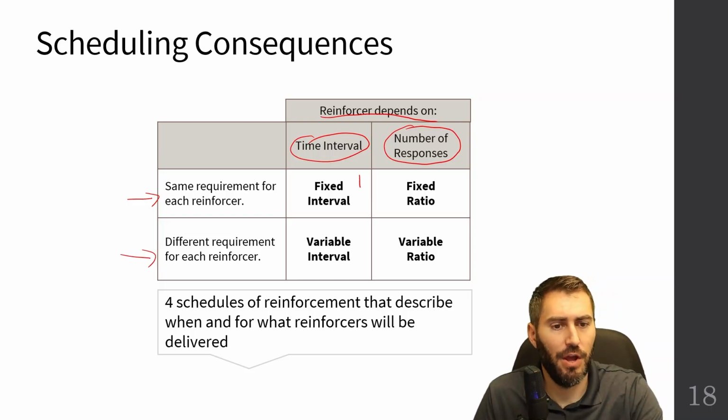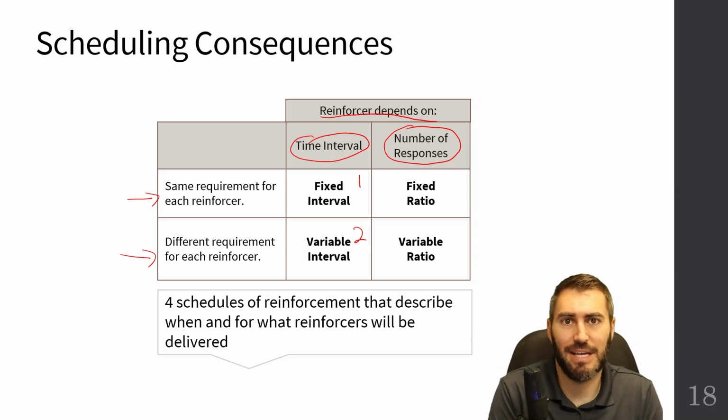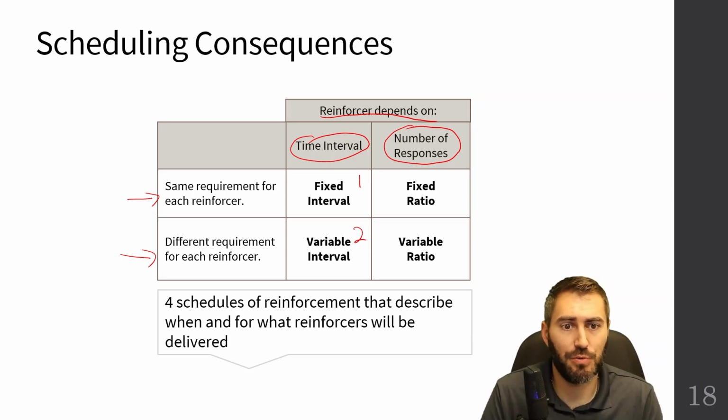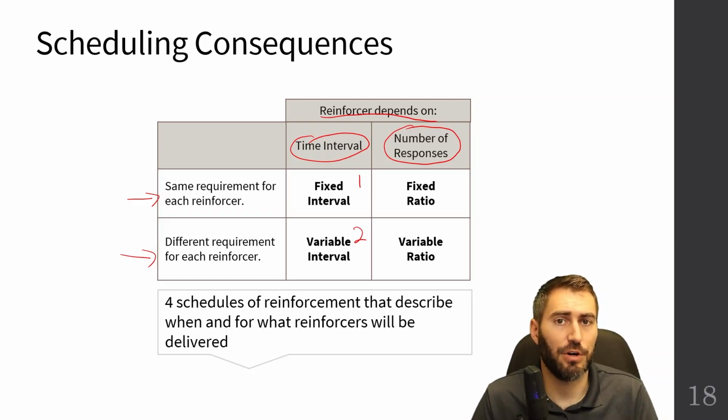On the other hand, we could have a variable interval. So maybe now it's not every 10 minutes. Sometimes it's 5 minutes, sometimes 7, sometimes 12, sometimes 10 minutes. And the gaps between those consequences vary, which changes how we expect them to occur.